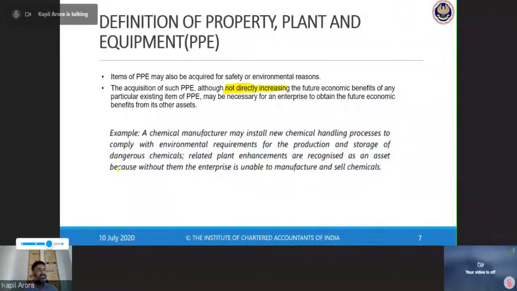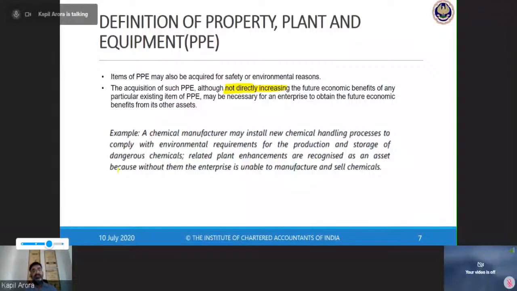So we have seen that safety equipment, or any other equipment required to be installed to get the license, is needed, because unless I do that I won't be able to run my business. Vishwanath, CCTV cameras, of course, will be added as property, plant and equipment.